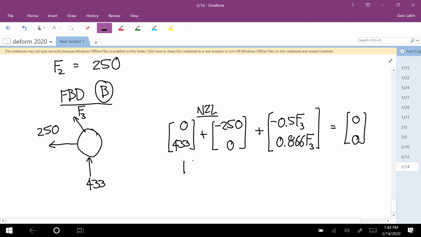And so F3 is equal to negative 500. And we don't even need the y equation.